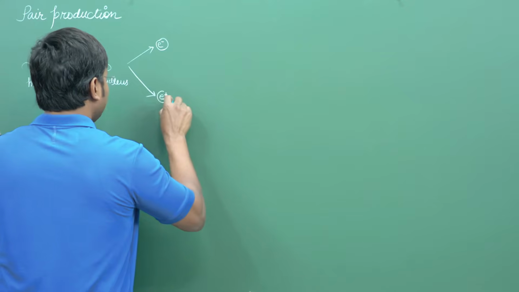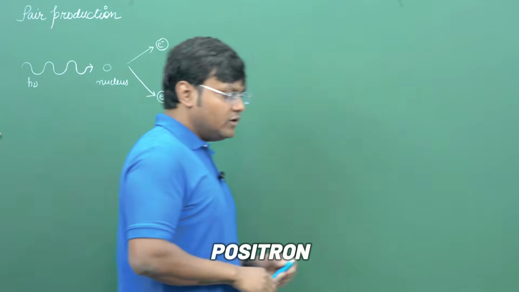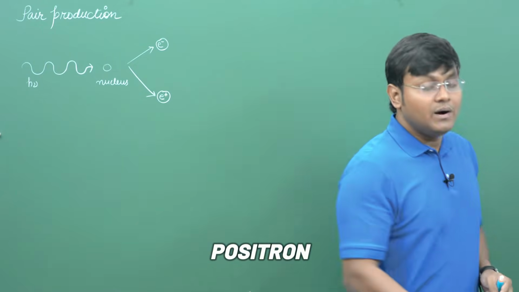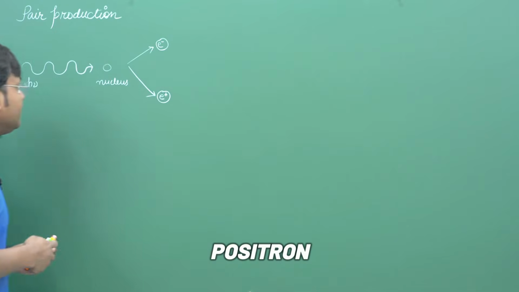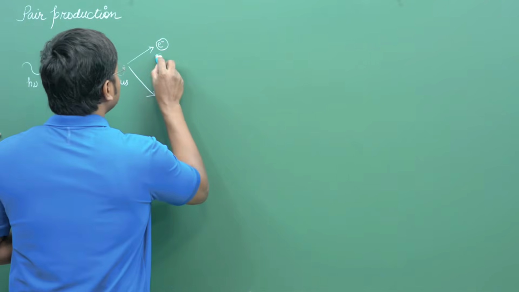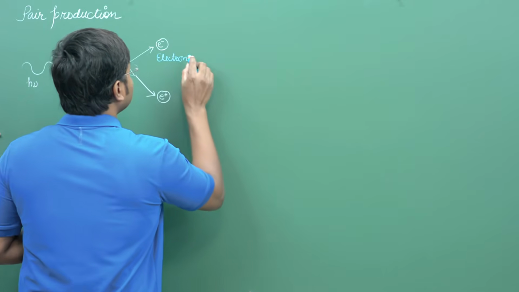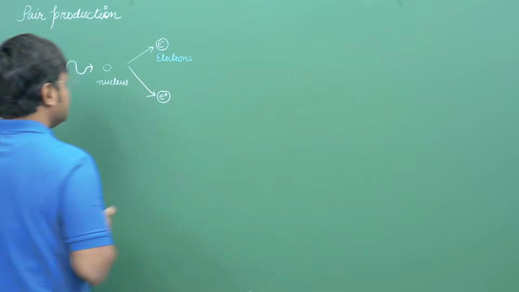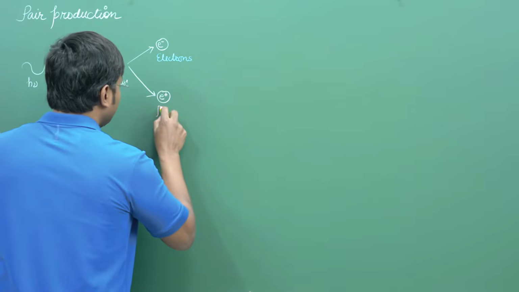Now the question may be, what is a positron? You see, a positron is the antiparticle version of an electron. You are already familiar with what electrons are, right? Electrons are subatomic particles. These are fundamental particles. And corresponding to electrons, you have positrons.